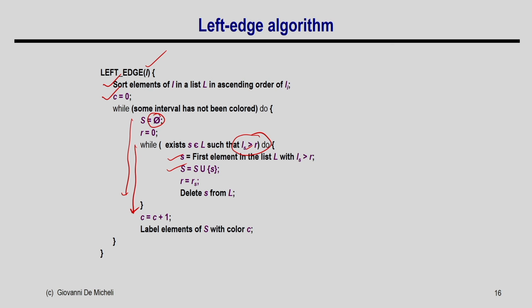Initially my right edge is 0 because I am starting from 1. Okay. Then I select the element, I put it into the list and then I make R equal to R s, the right edge of the currently selected one, the way I discussed in the previous one, right. And then I delete S from L because it is already selected.